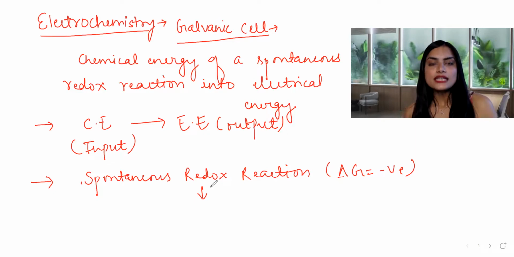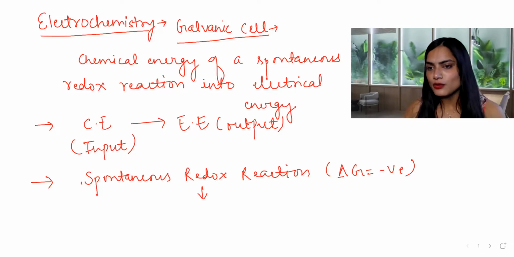Now let's understand the working of galvanic cells. How does a galvanic cell function? For that, I will take the example of a Daniell cell, where zinc and copper electrodes are involved.